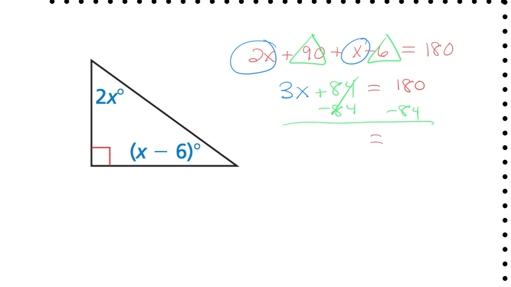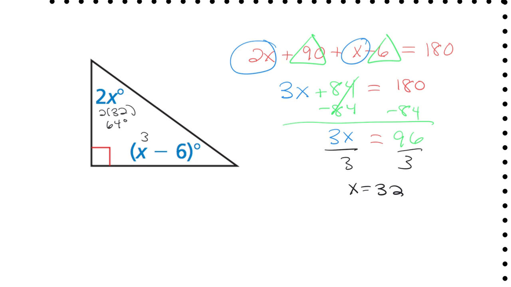And then on the left side, I still have 3x. So now that our equation is 3x equals 96, I can divide by 3 to get x alone. So I end up getting x is 32. So this angle would really be 2 times 32, so 64 degrees.